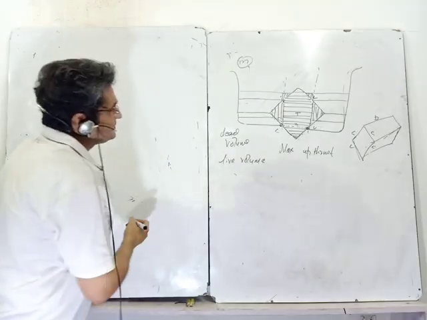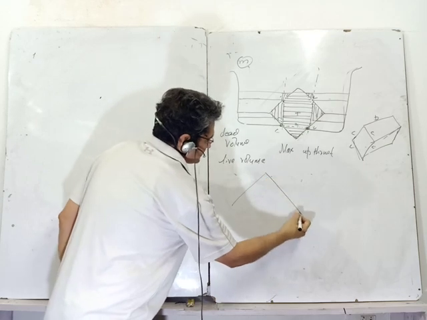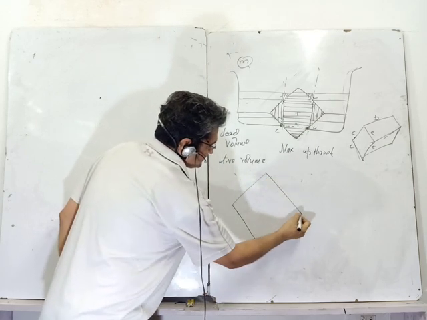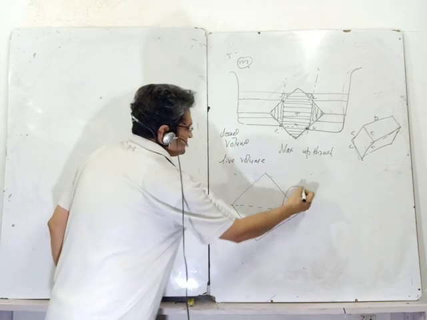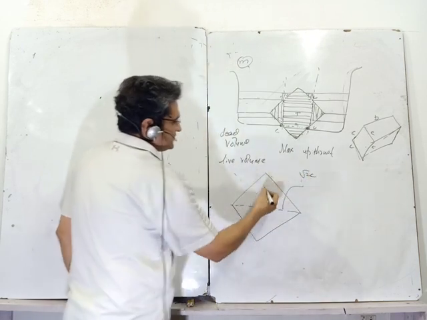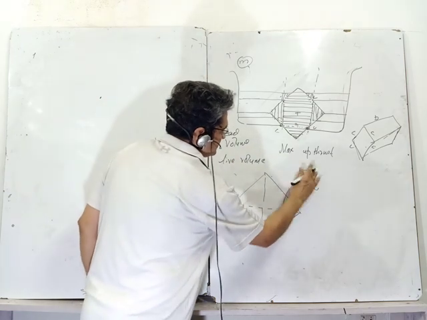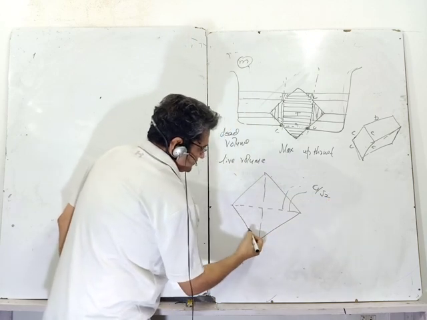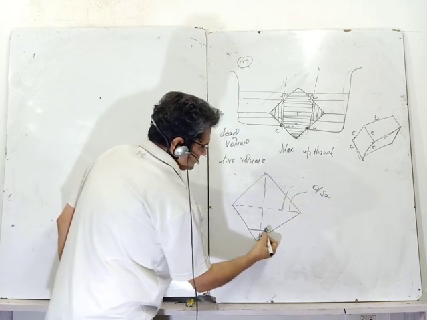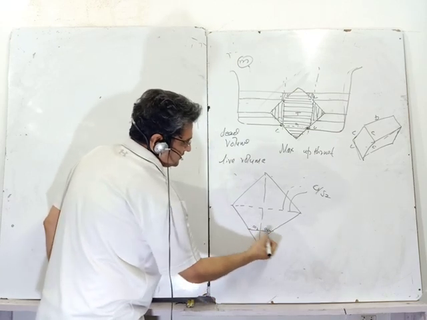Now if I redraw the diagram for the sake of clarity, these angles are all 90, so it's easy to solve. This diagonal will be root 2 c if all sides are c, and half of the diagonal will be c by root 2. If I draw here, this was a by 2, this is a by 2, the whole thing was a.